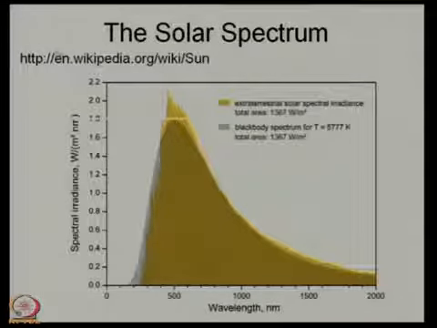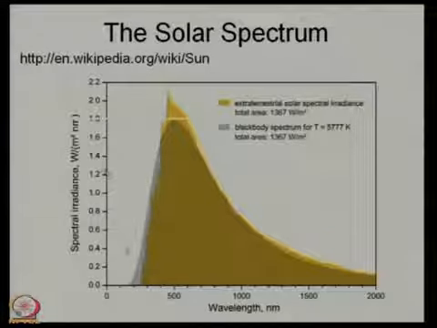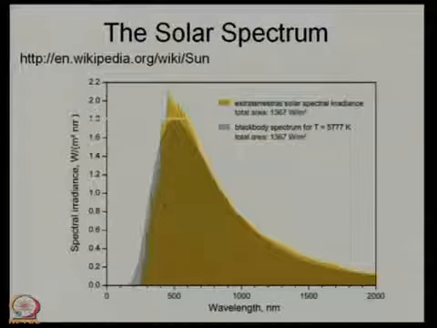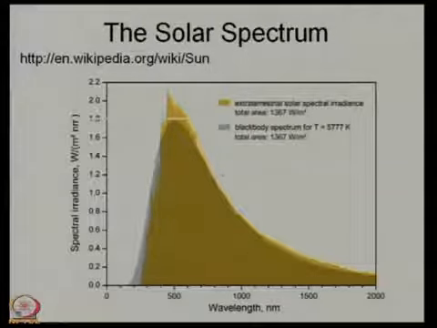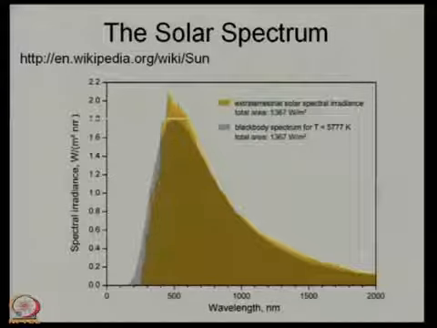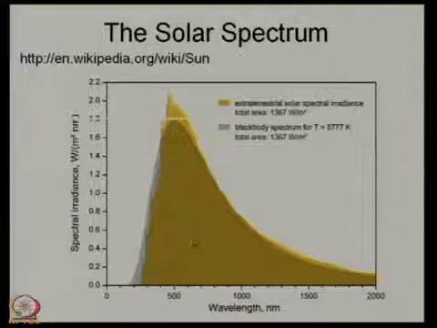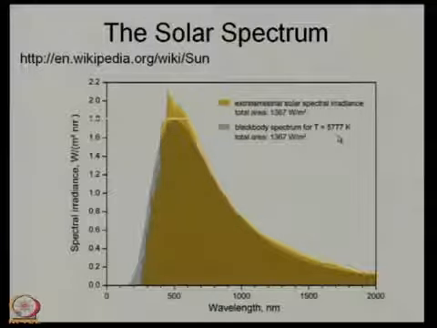This is the source from where this picture was taken. The maroon curve over here is the measured solar spectrum, and the gray curve is a black body Planck spectrum at 5777 Kelvin, close to this 5800.